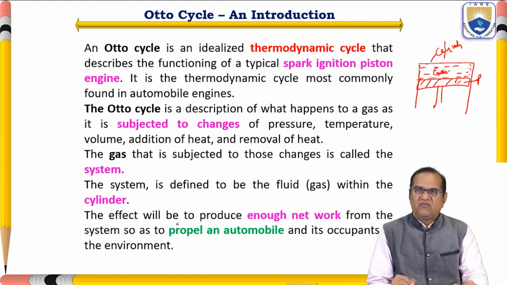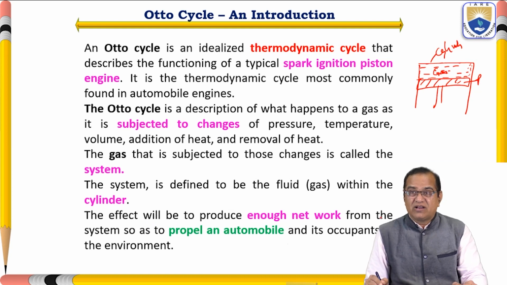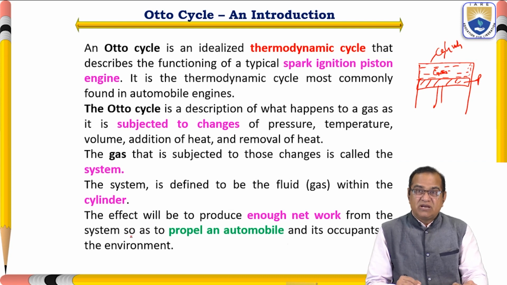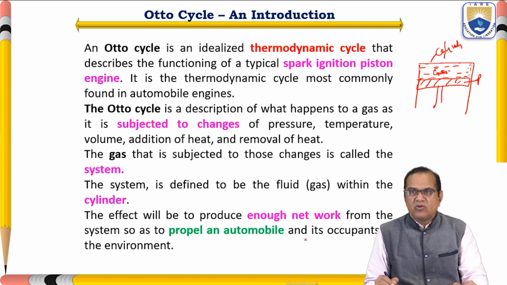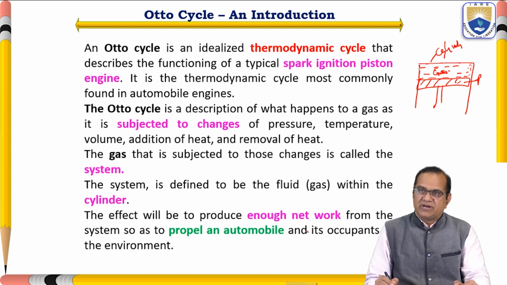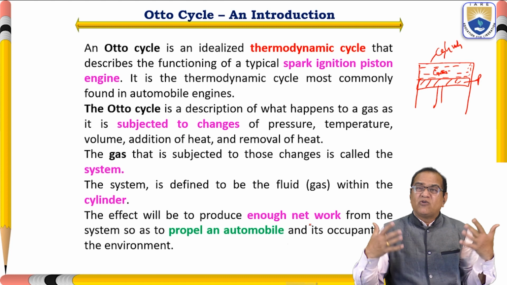The effect will be to produce enough net work from the system so as to propel an automobile and its occupants in the environment. So what is the application and what is the effect of this?